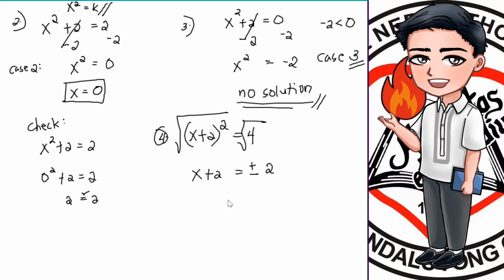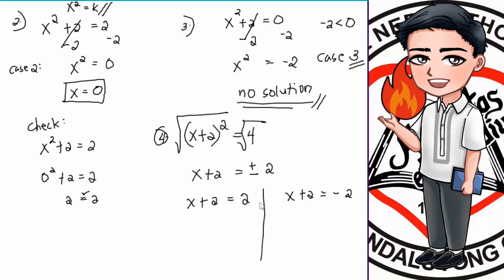Now, let us separate these two equations because as we can see, we have positive 2 and negative 2. x + 2 = 2 and x + 2 = -2.